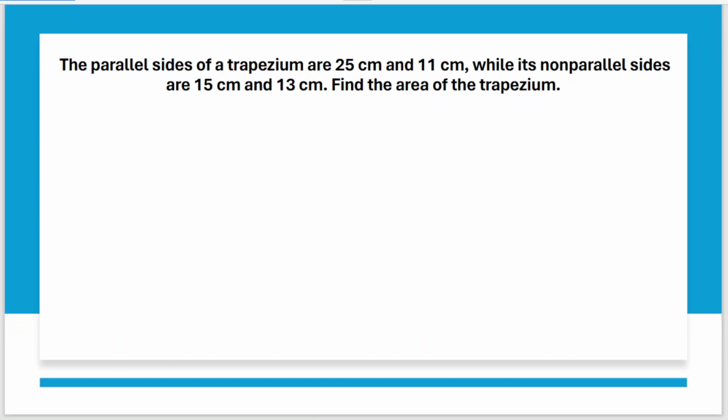The parallel sides of trapezium are 25 centimeter and 11 centimeter, while its non-parallel sides are 15 centimeter and 13 centimeter. Find the area of trapezium. So, how we can do that? So, let us draw the diagram first.